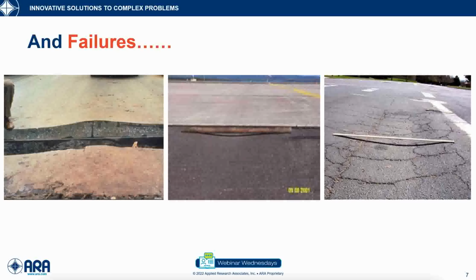What you see in the pictures are depressions or dips in the pavement that we call rutting, and they happen basically under the wheel path of a truck or a gear of an airplane.